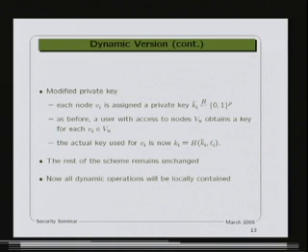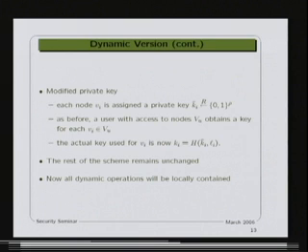So this is one additional step that we insert in between using one-way hash functions. We'll see how this will help us make sure that all dynamic changes are locally contained in the graph. And the rest of the scheme remains unchanged.